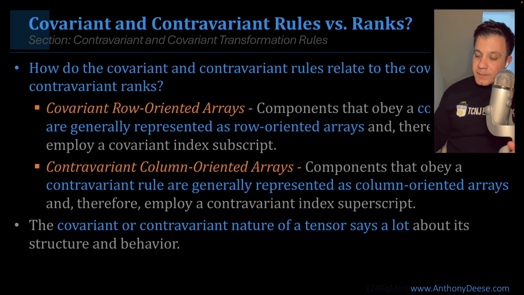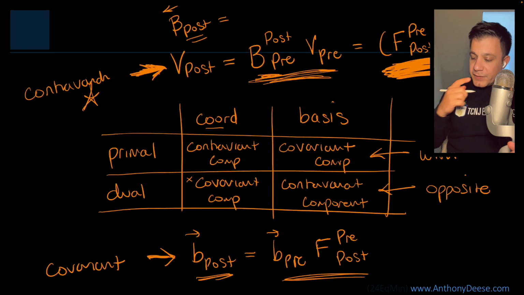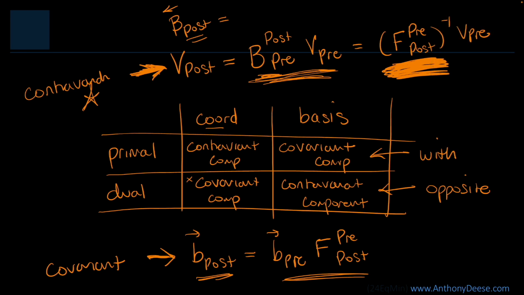We know this. If we go back to our table here, let's start off with the covariant components. We've seen that the basis of a primal vector, and I know I'm running out of space, is essentially a row. We have B1, we have B2, and so on. So this is a row-oriented array.